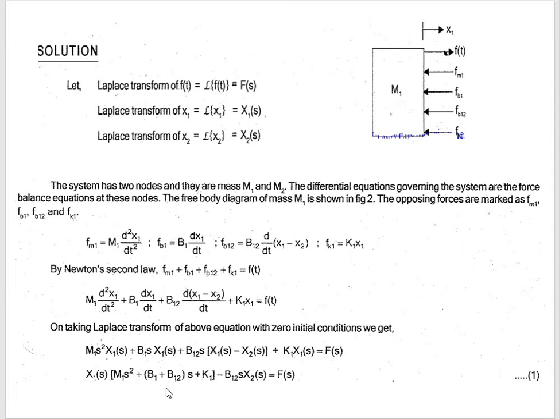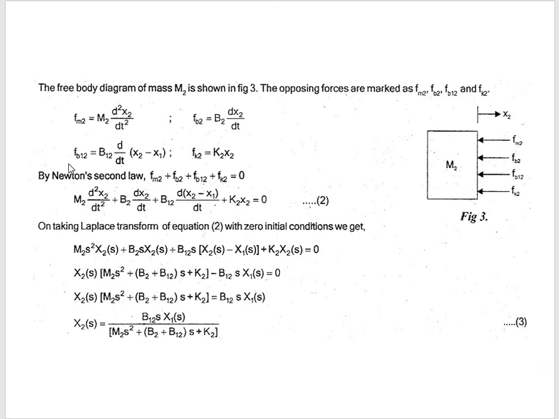Now with respect to the transfer function, we have to take out the form of x1 of s and x2 of s. Therefore the equation will be like this. That's all about the first transfer function. Next, for the system node m2, here we have the opposing forces fm2, fb2, fb12, fk2 with respect to displacement x2.